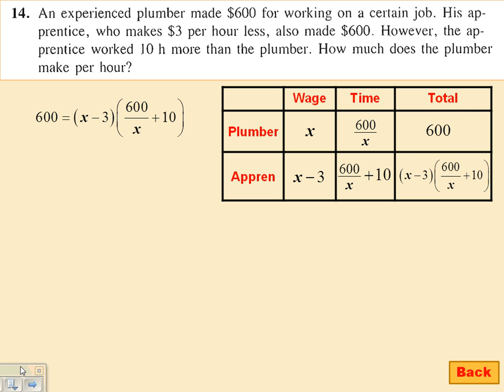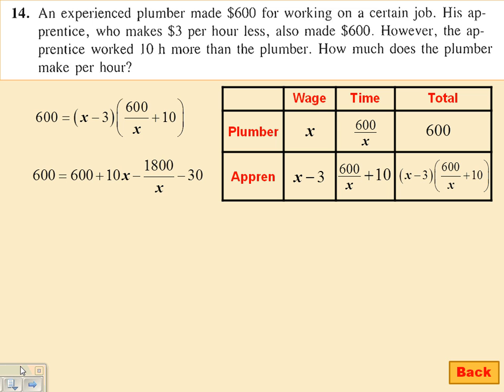What will I do? Well, as you guys know, I'm going to do some FOILing. So let's FOIL. 600 equals X times 600 over X gives me 600. I'll multiply the outside. X times 10 gets me 10X. If I multiply the inside, negative 3 times 600 over X gives me negative 1800 over X. If I multiply the last, negative 3 times 10, that's minus 30.